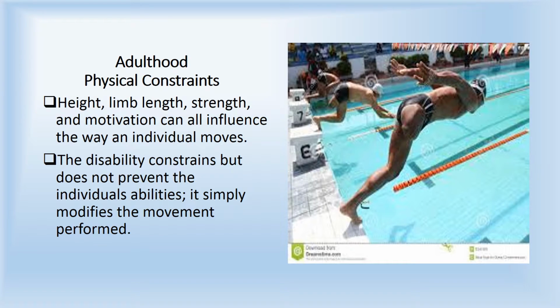Here you see an adult swimmer with a physical abnormality. Height, limb length, strength, and motivation can all influence the way an individual moves. For example, the disability constraint for this swimmer does not prevent him from using his abilities, but it simply modifies the movement performed.